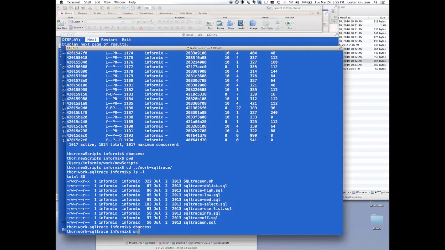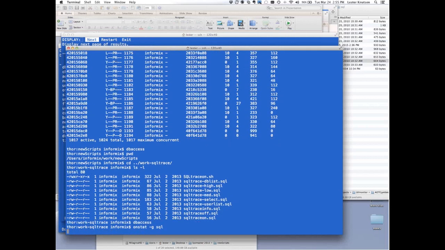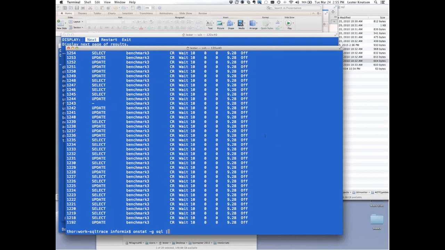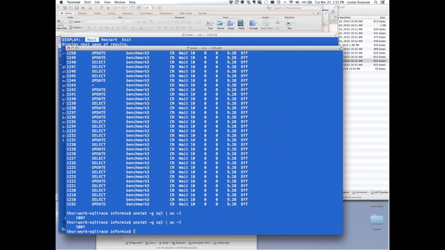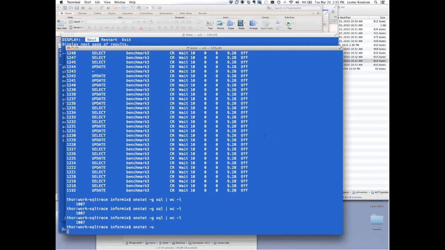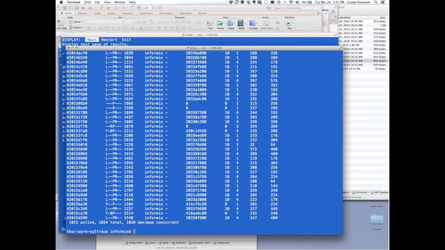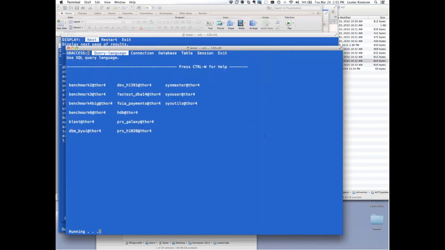So Thor right now is running a transaction monitor, and if I count how many SQL statements it's running, there are 1,007 right now running. Yeah, it'll be about 1,007 because of this transaction monitor. Got a lot going, 1,000 active users.